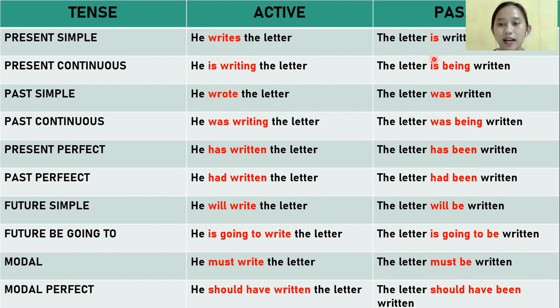Because the be verb is changed into was as it's past tense. Okay, for the rest of the examples, you can slowly read this table and ask me if you have any difficulties to understand it.